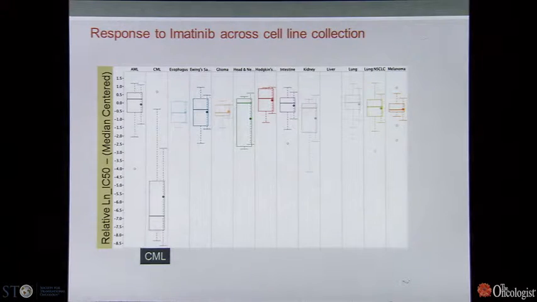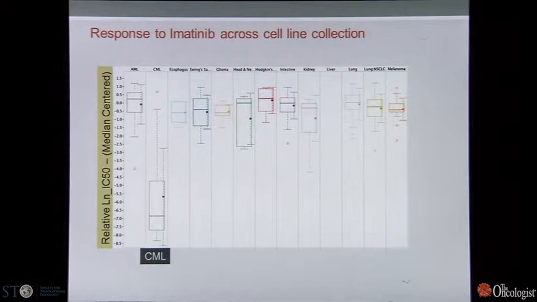First of all, I wanted to tell you something about the obvious. We want to know whether we can do this in high throughput and whether we can capture the most obvious things that we should capture. This is simply showing you the response to imatinib, a BCR-ABL inhibitor, across the whole cell line collection with some classification by primary site, tissue of origin.